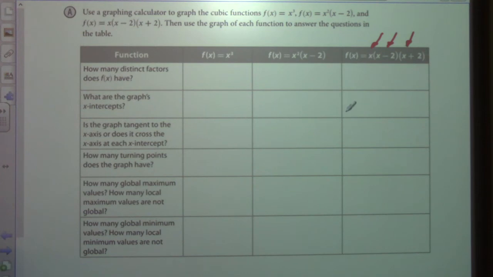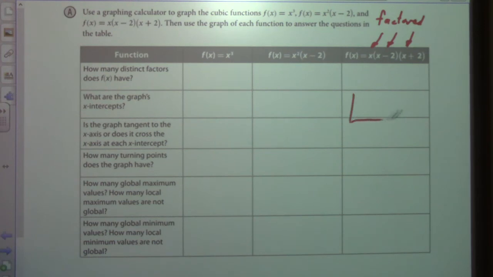And how do we get from this factored form to standard form? You have to distribute. So let's do that.